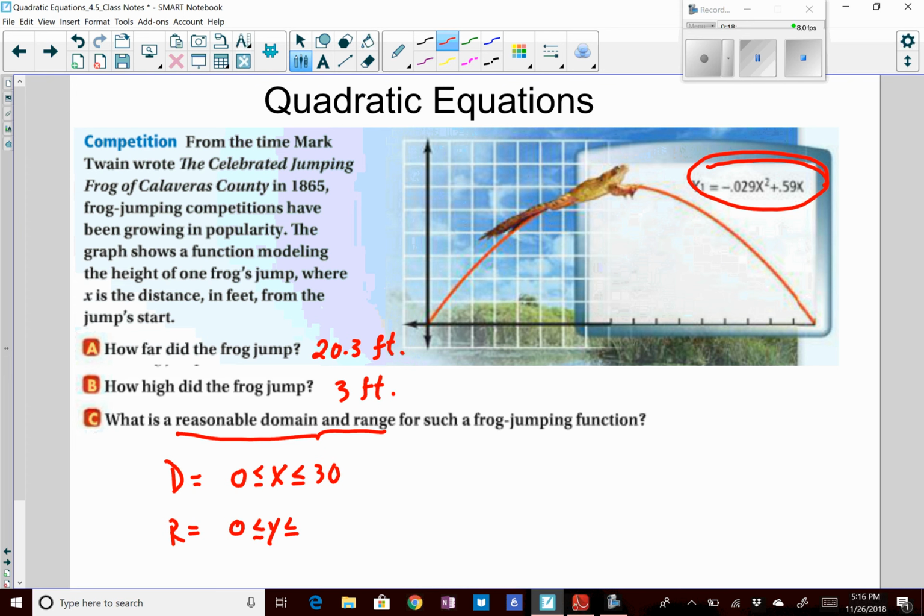So we could say that if this frog jumped about 3 feet, a reasonable range might be, for a really good frog, 5 feet. So we could say that for the range, y is greater than or equal to 0 and less than or equal to 5. And that would give us a pretty good idea of what a frog can do in a competition.